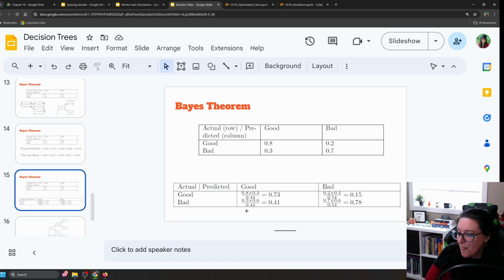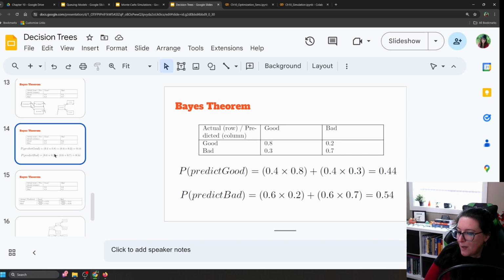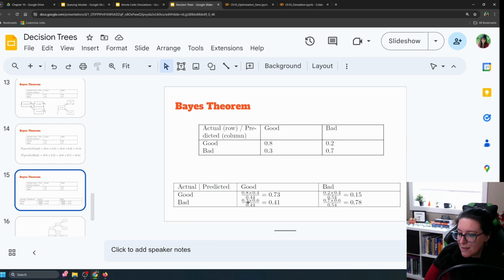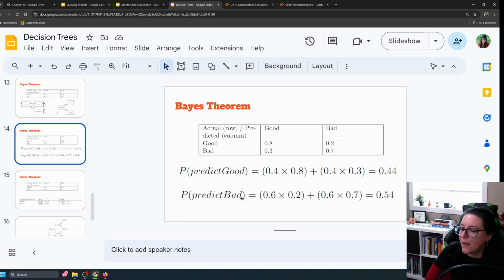And here, the probability they predict good when it's bad comes from the fact that when they predict it's good and it's actually bad, that's 30%. The probability that it's actually bad is 60%, and the probability they predict bad is that 54%.